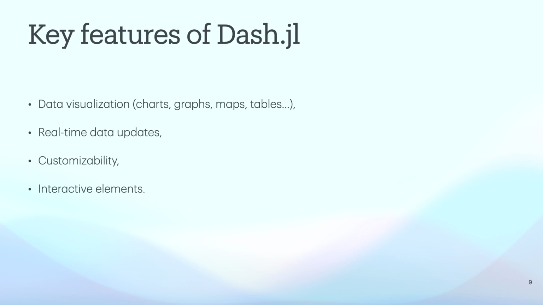It's not predefined for you, so it can really look like whatever you want. And it enables interactive elements. This is also important to, for example, avoid oversaturation by data and make your plots clean and nice for the end user.